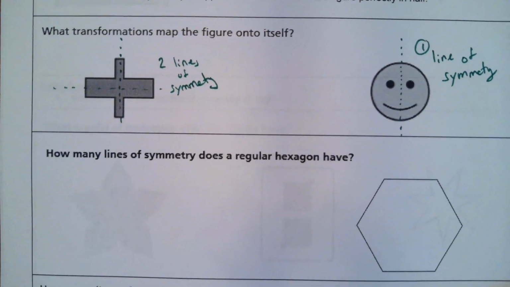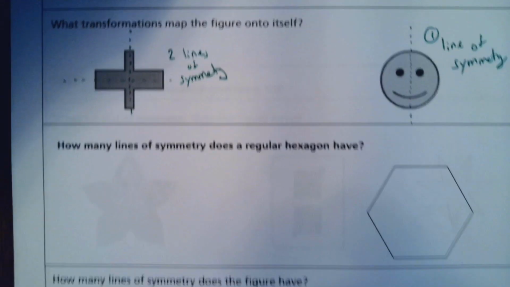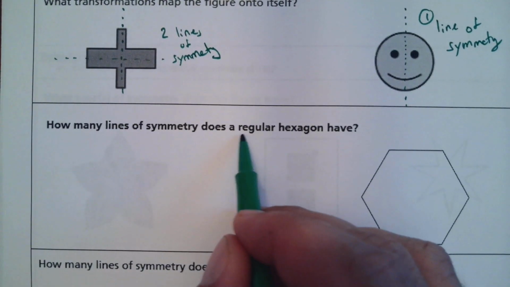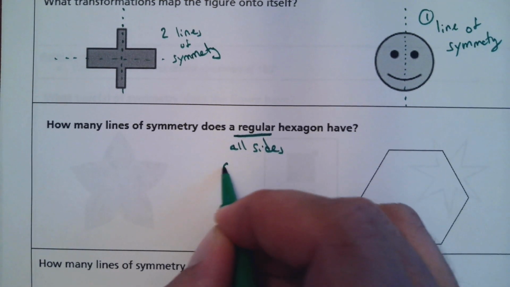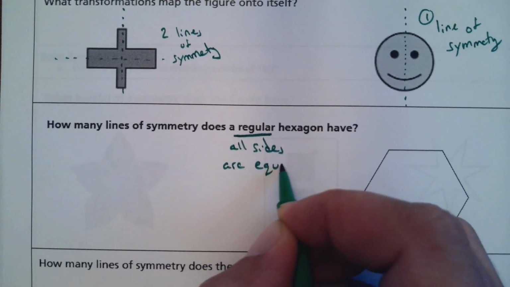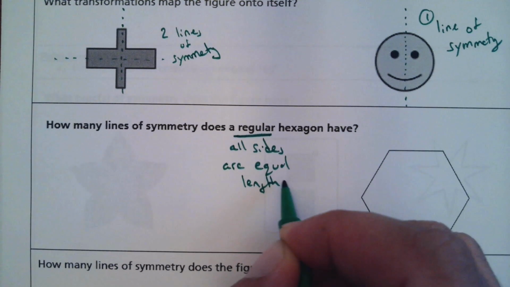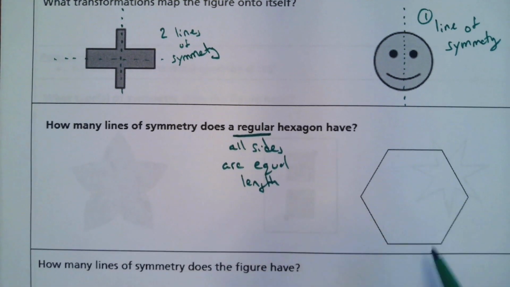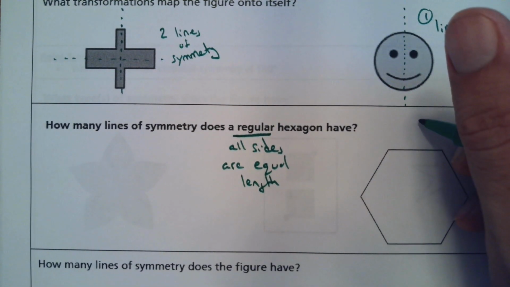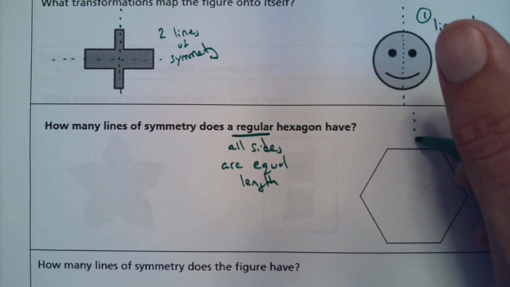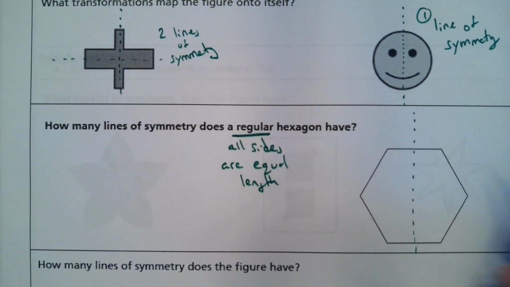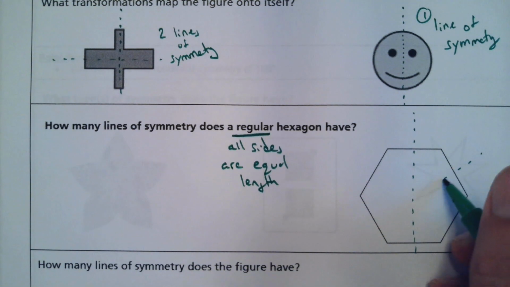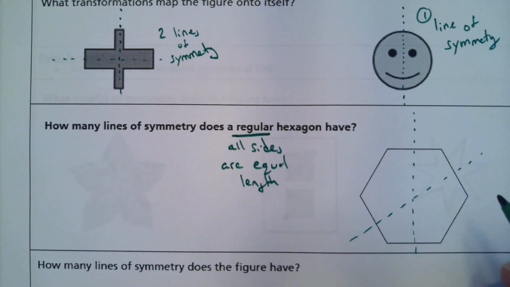All right. Now down here, how many lines of symmetry does a regular hexagon have? Now this regular, this means all sides are equal length. And that's important. So that means all these are the equal length. Well, we can go right down the middle. So that's one. We could go down these two. That's two.